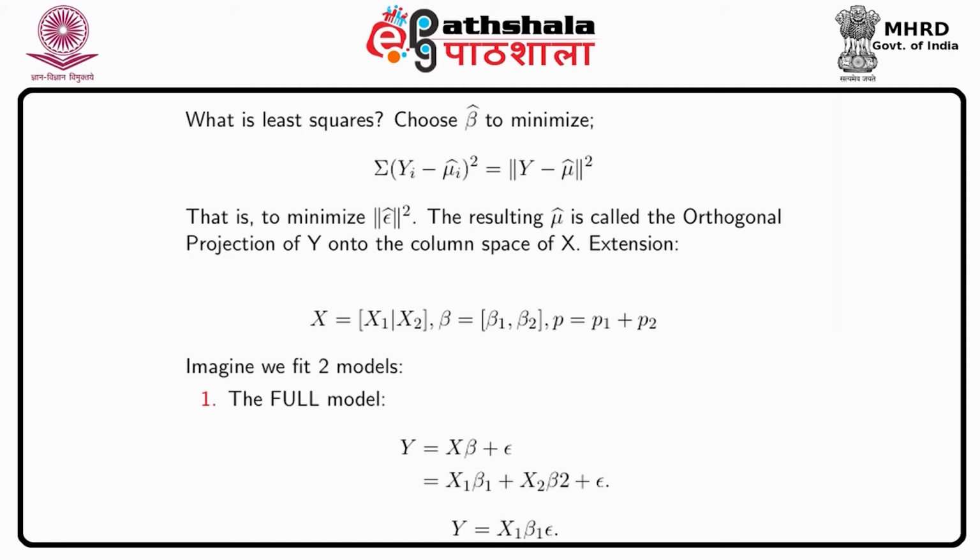So imagine there are two models. One is the full model where y equals x beta plus epsilon, and one is the reduced model where y equals x1 times beta 1 plus epsilon. So in the first model we have all the x's. In the second model, y is modeled on only the first set of vectors, which is x1.